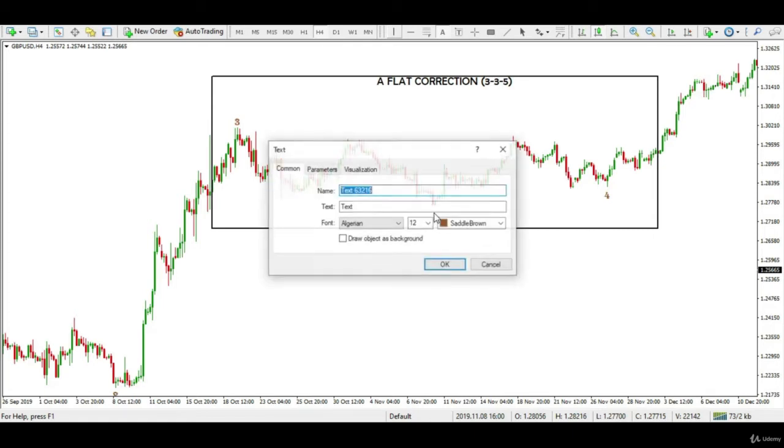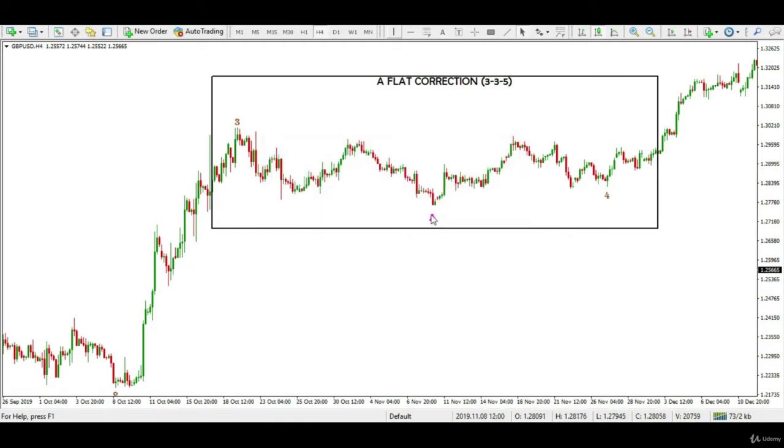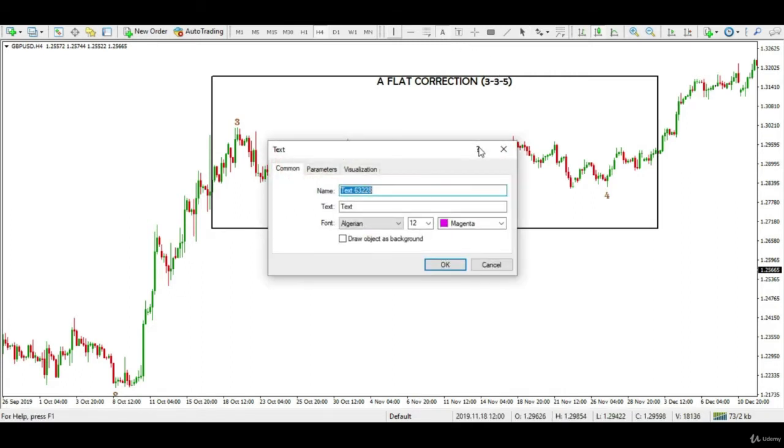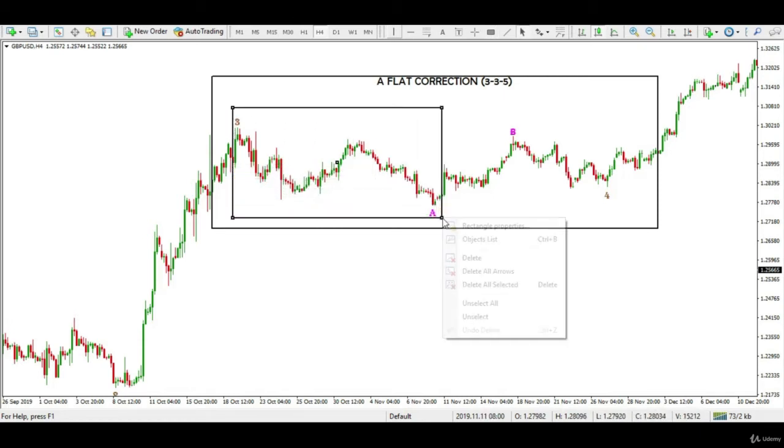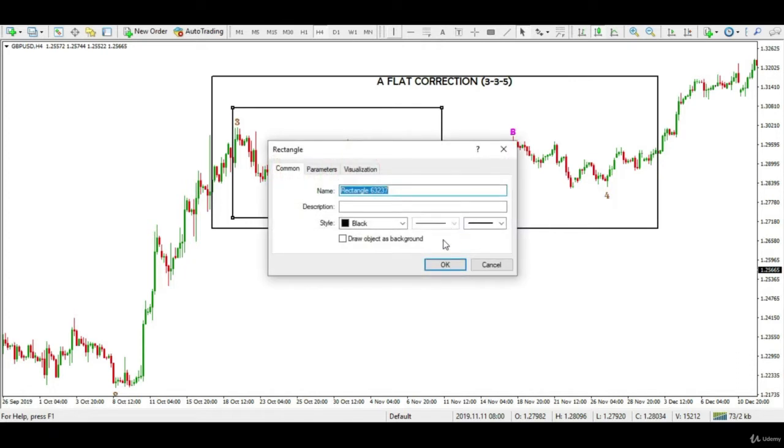With any type of corrections, we start labeling the 3 major waves in them. Now as we know that wave A in a flat unfolds in 3 subwaves, let's label the subwaves of wave A.